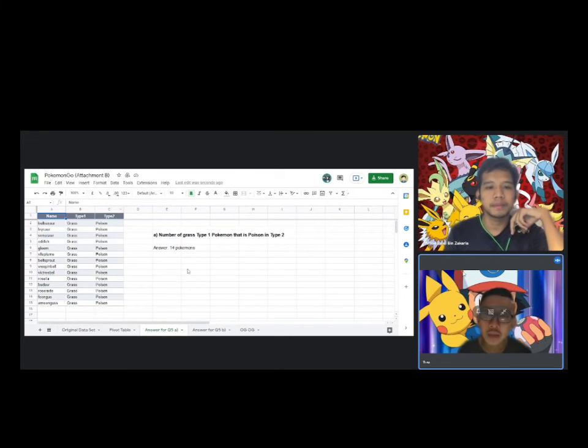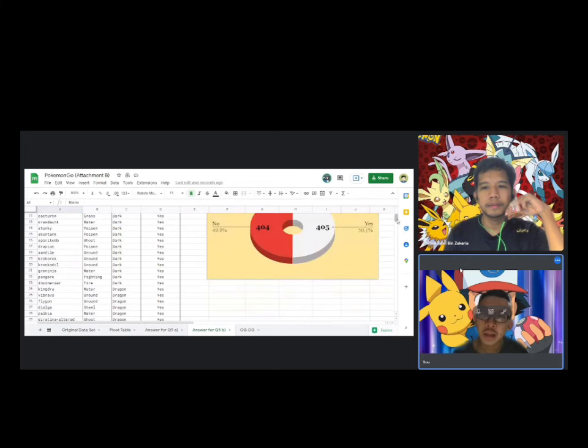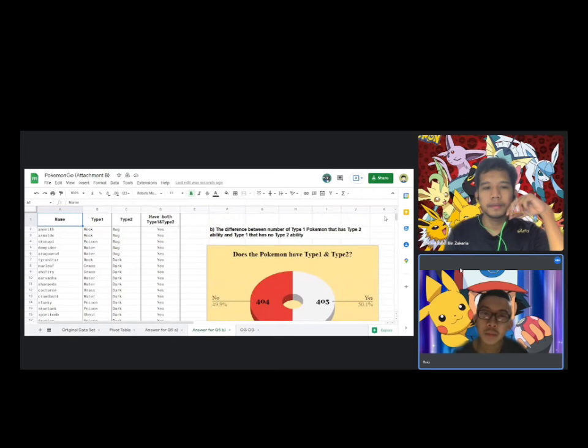For the next question, question B, we want to find out the difference between the number of type 1 Pokemon which have type 2 ability and type 1 Pokemon which don't have type 2 ability. From the table, we sorted it so that the Pokemon with type 2 ability are at the top, and we did this by selecting the original data table.